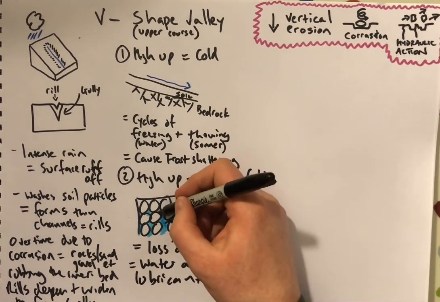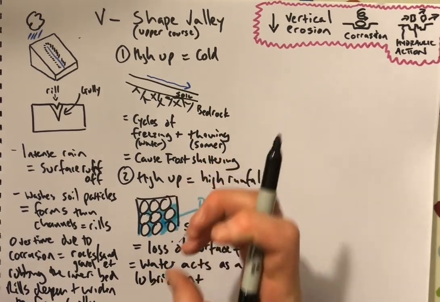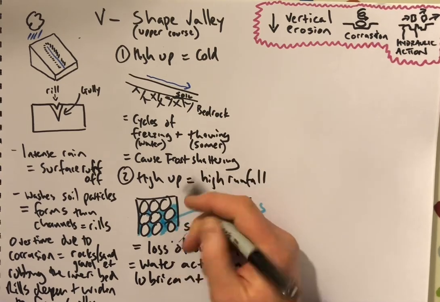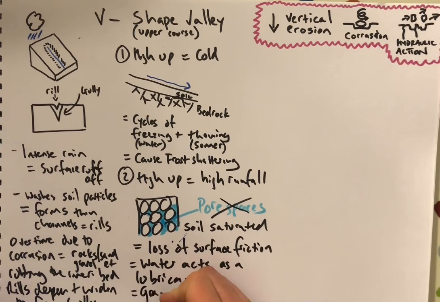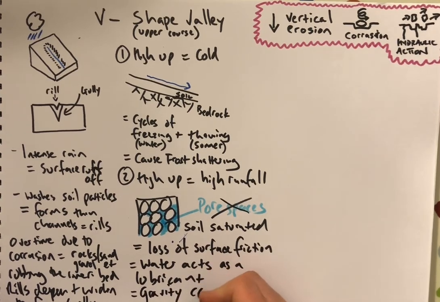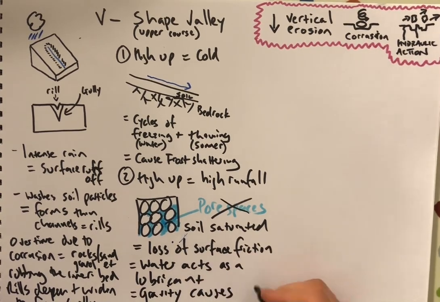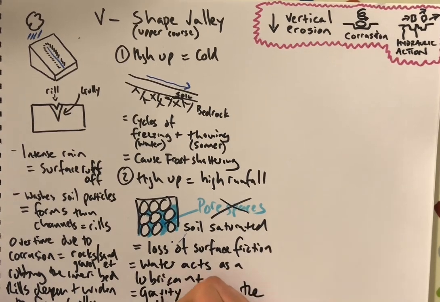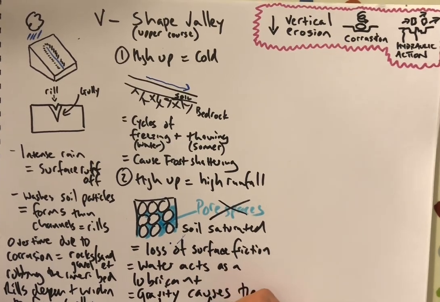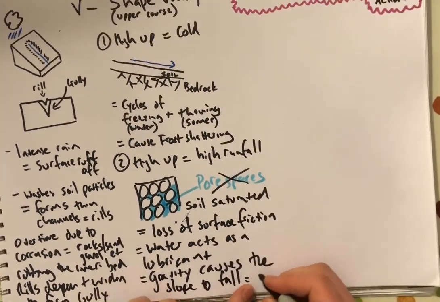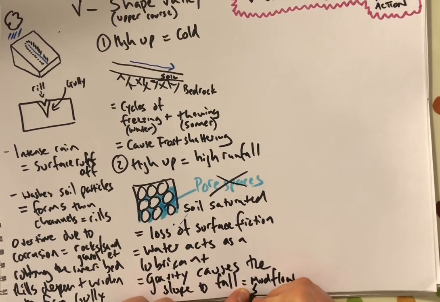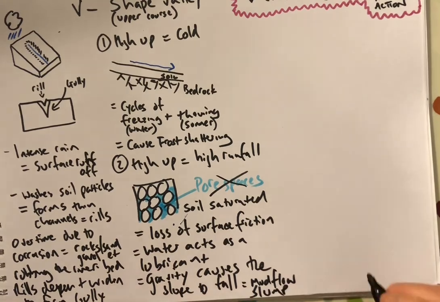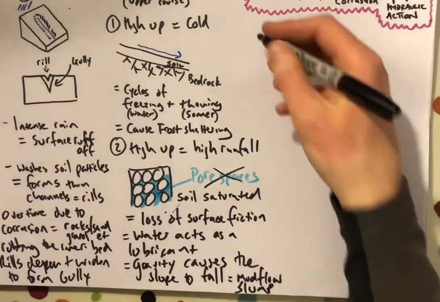So these grains of soil are not in contact with each other, they're surrounded by water, and then gravity takes over and causes the slope to fail in a mud flow or a slump. So the sides of the valley will fail.